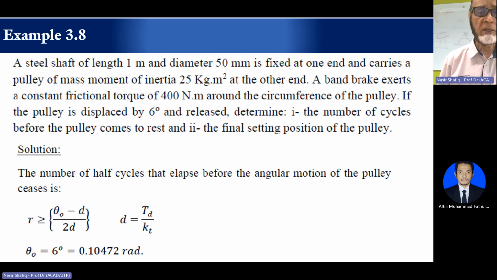If the pulley is displaced by 6 degrees and released, determine 1, the number of cycles before the pulley comes to rest, and 2, the final resting position of the pulley. So the number of half cycles that elapse before the angular motion of the pulley ceases.